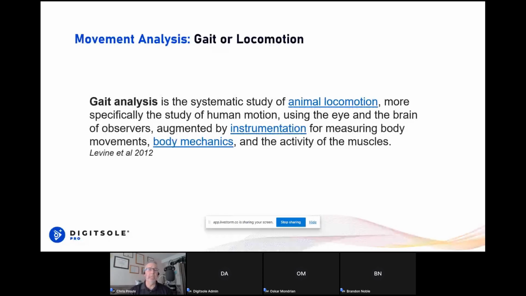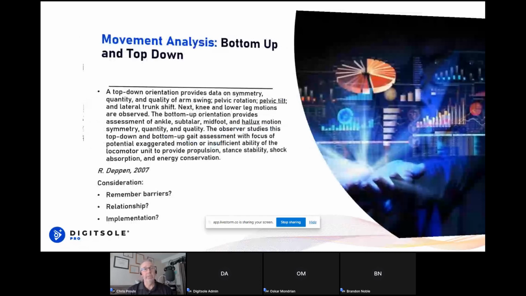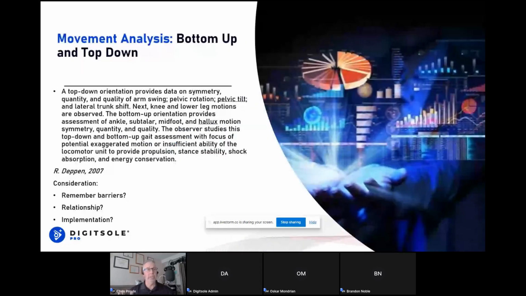Here's another example: it's the study of animal locomotion, more specifically looking at human motion, and it's augmented through instrumentation along with using our brain and our eyes and trying to evaluate the activity of the muscle. That's probably even a more broad term, but what we have available to us today is really giving us the opportunity to expand that.